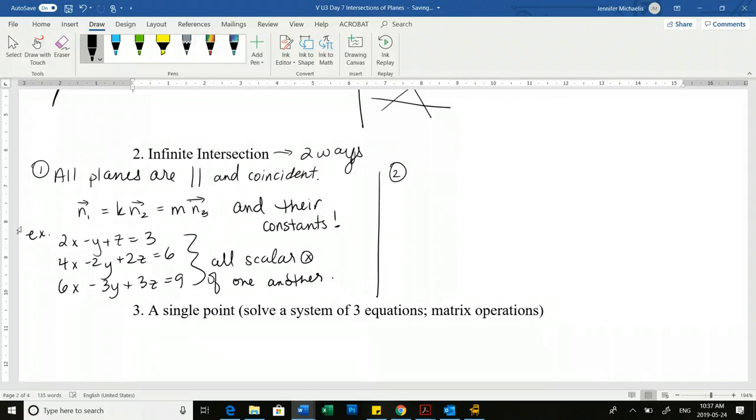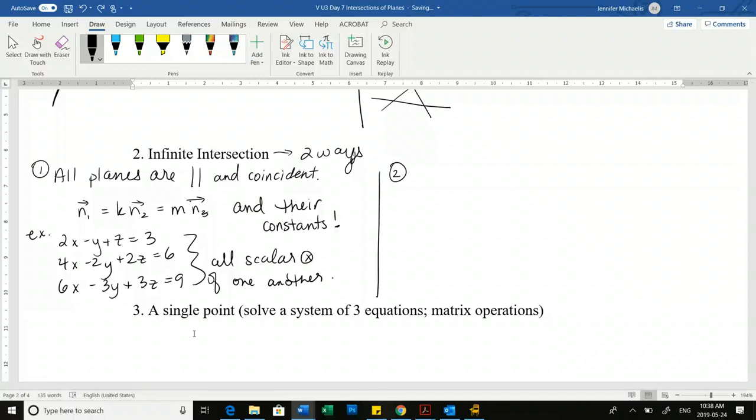So the first plane, if I multiply it by 2, I get the second one. If I multiply the first plane by 3, I get the third one. And then I think it's 3/2 to get our third plane from number 2. So they're all different versions of scalar multiples of one another, okay? Including, I'm looking at the constants as well, right? To prove that they're parallel and coincident and not parallel and distinct.